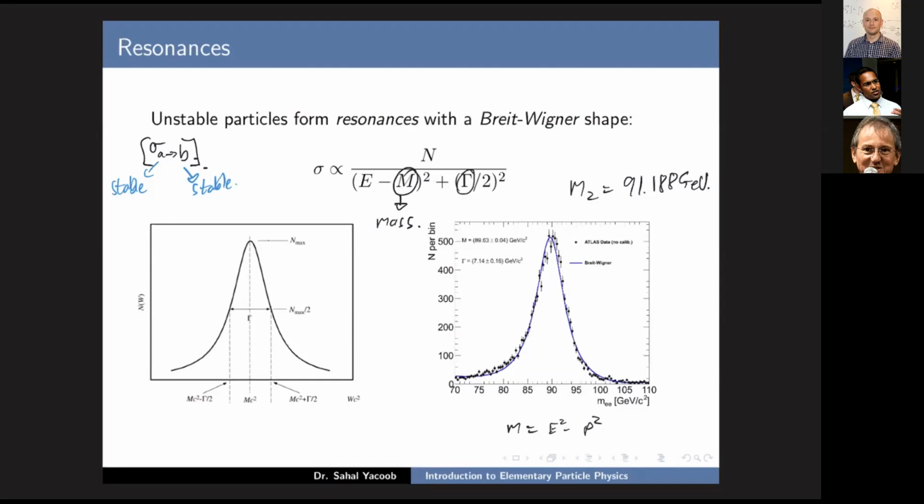You have to assume an interaction, but this is what we get. Included in getting the Breit-Wigner line shape are elements of special relativity.